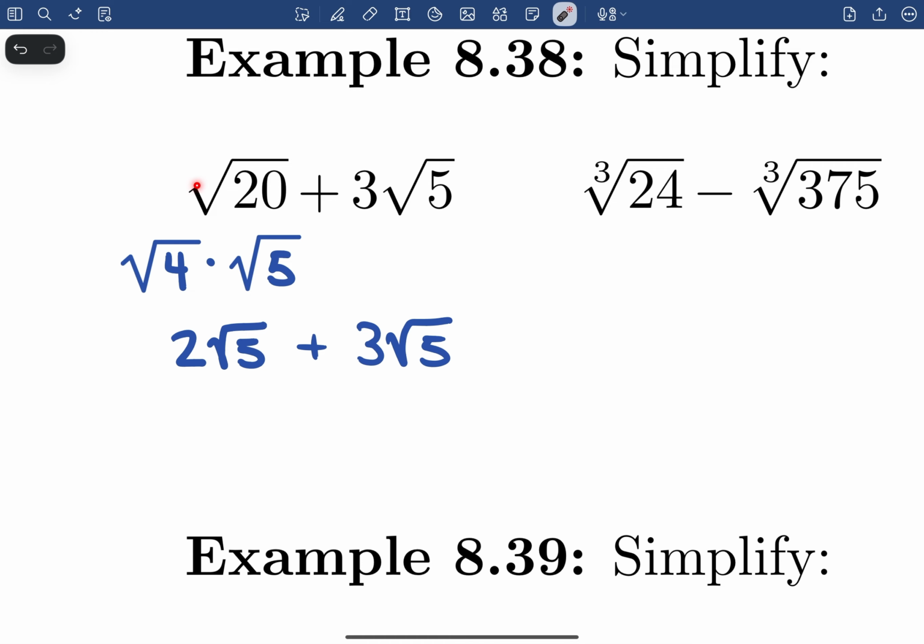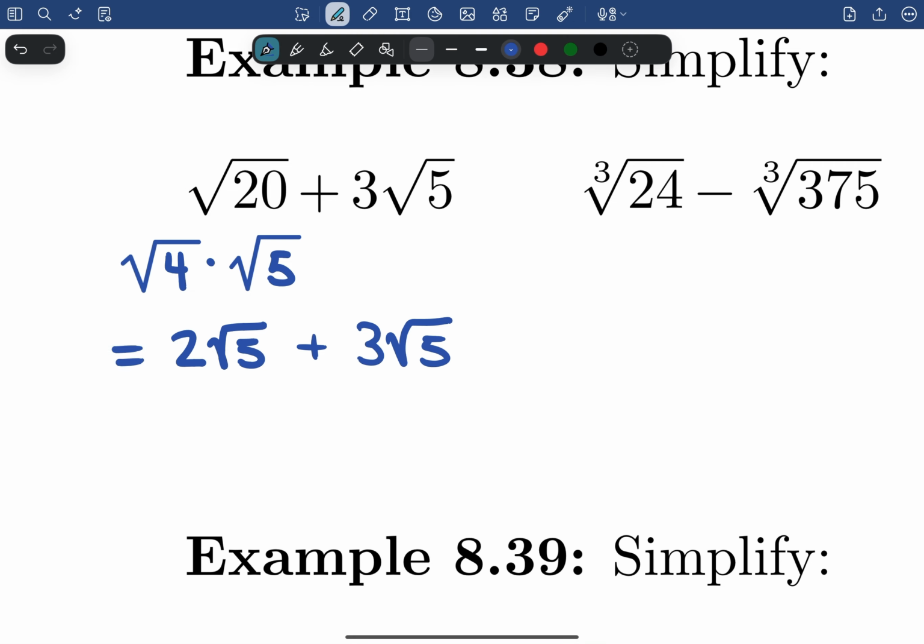Great. So what I started with is equal to this. And I now see that I have same index and same radicand for these radicals, so I can combine them as like terms. So 2 root 5 plus 3 root 5 is 5 root 5. That's my answer, 5 times the square root of 5.